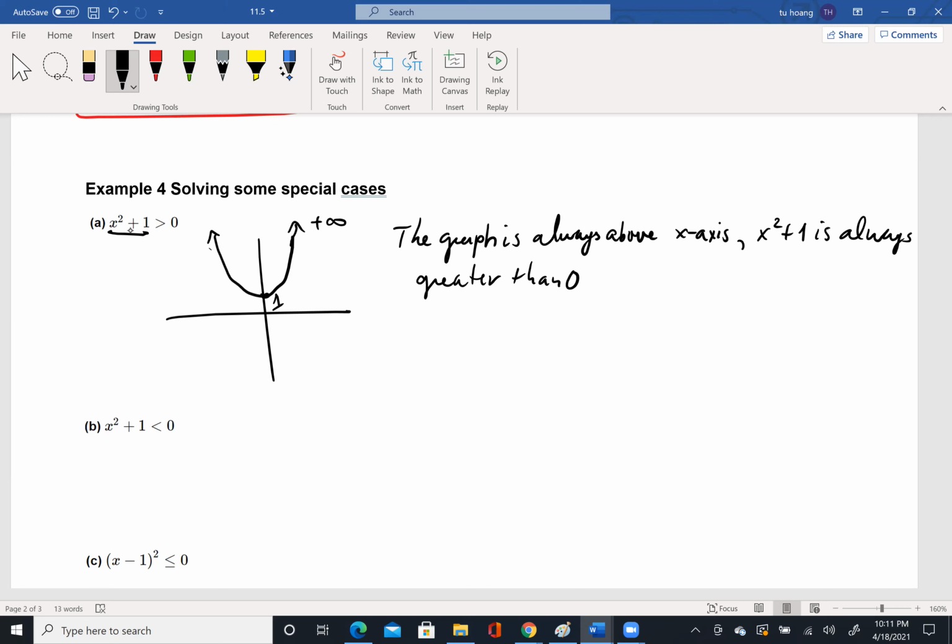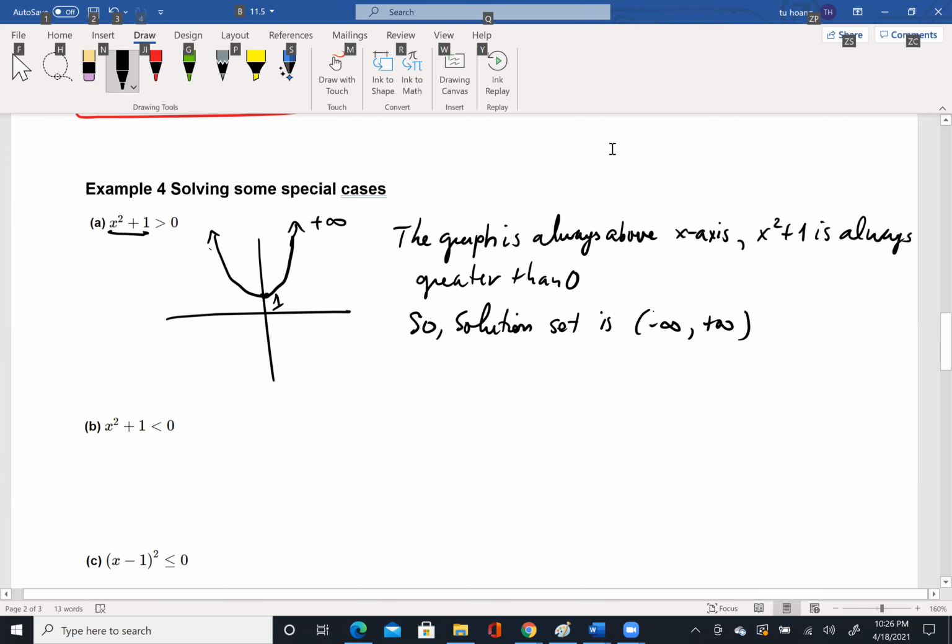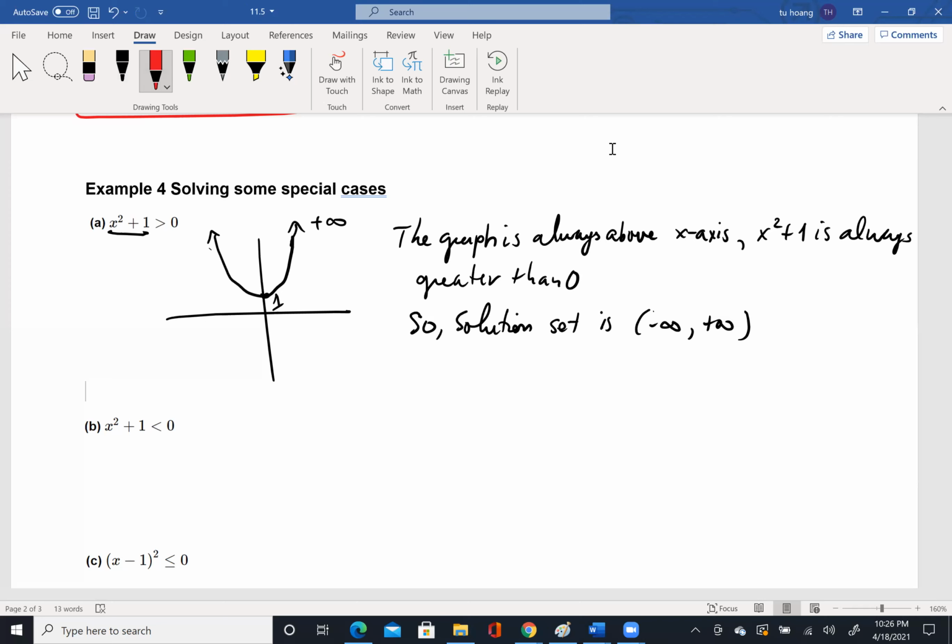And since it's always greater than 0, the solution set is all real numbers, or from negative infinity to positive infinity. Okay, so you're going to have solution set is all real numbers, or from negative infinity to positive infinity.